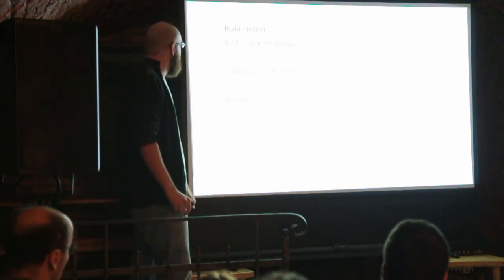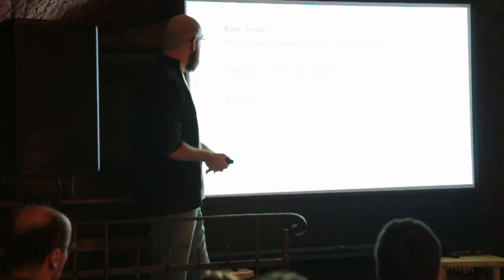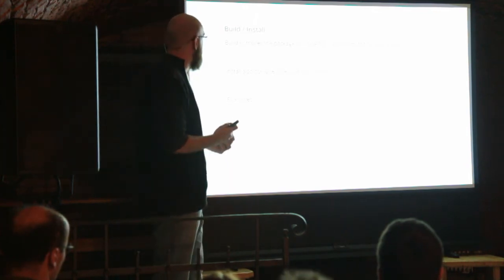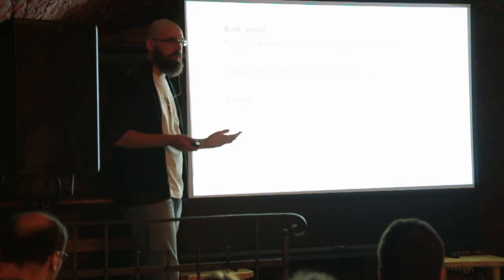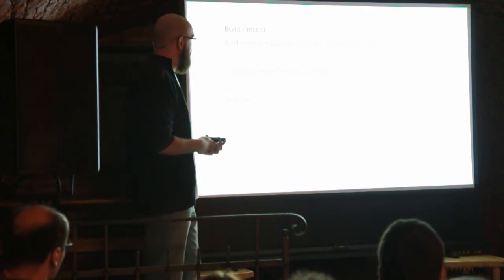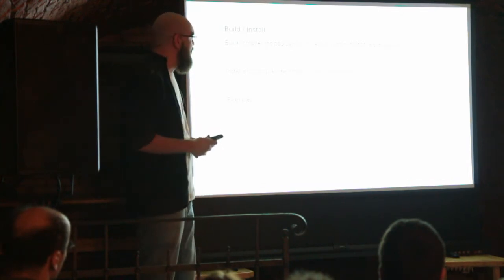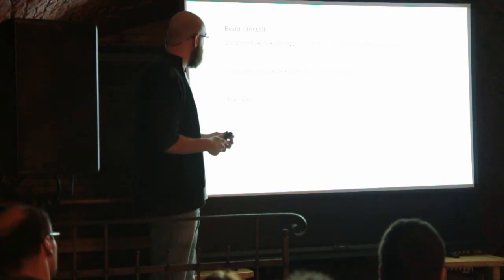So the first two tools I'm going to cover are build and install. Build is something that every other compiled language has: it basically compiles your program, your package, and outputs the executable binary if it has executable code in it, of course.